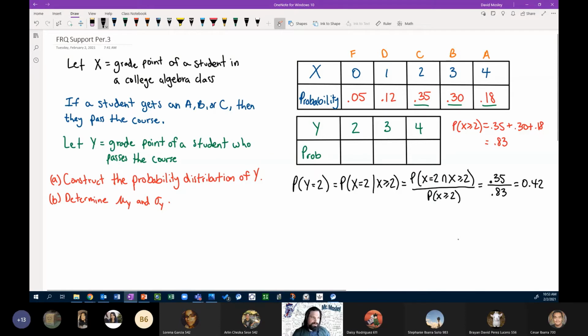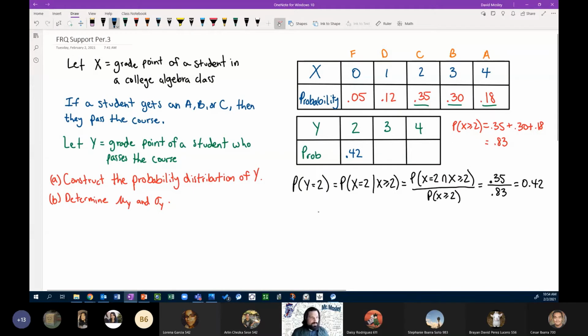So the probability of y equaling 2 is 0.42. And that's a rounded decimal. It's a longer decimal than that, but we rounded it to two decimal places because all of our probabilities in the first distribution are also just 2 decimal places. So I'm using the same amount of decimals, right?